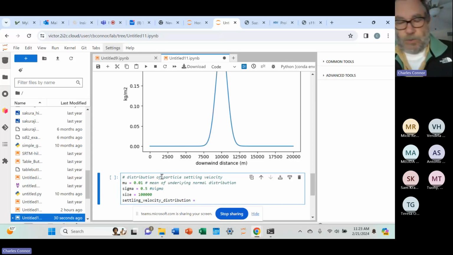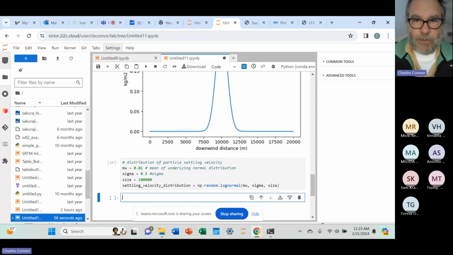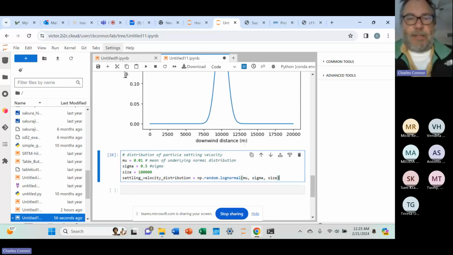It's going to be equal to, and I'm going to do the same thing I did last week. I'm going to say numpy random lognormal, and I'm going to pass it mu, sigma, and size. All right, and let's just see if that worked. Okay, seems to be behaving for me.